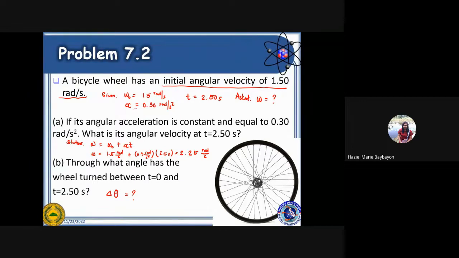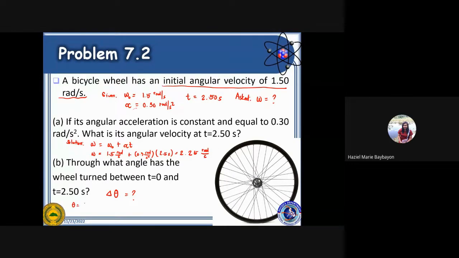Okay, so how about this one? Through what angle has the wheel turned between t equals 0 and t equals 2.5 seconds? What should we do? So we have theta.